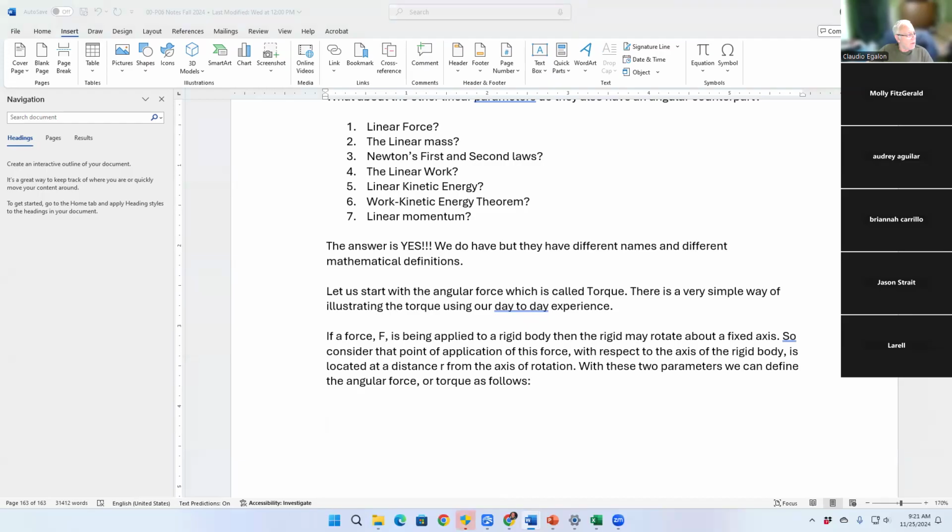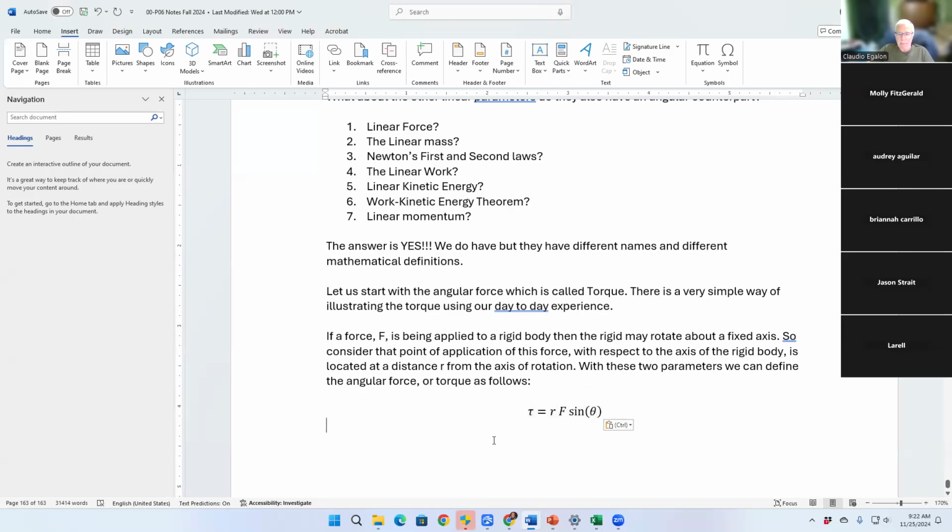Okay, so here you go. Torque is represented by the Greek letter tau. Okay, it depends on the point of application of the force itself, and the angle between those two vectors.